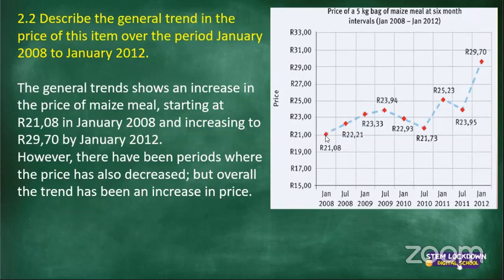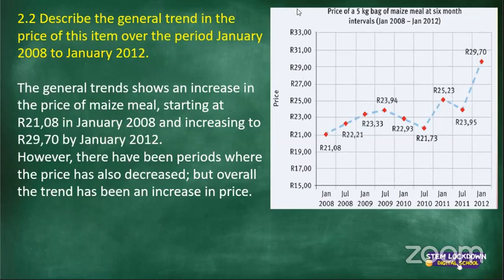It's 21 rand 8 cents, and then at the end, it's 29 rand 70. So the general trend is that this has increased, even though between the years of 2009, 10, 11, the prices kept on decreasing at certain times. But the overall trend is that in January 2008, you started off at 21 rand 8 cents. And when you ended up in Jan 2012, you were at 29 rand 70. That's why the general trend shows an increase, even though during the periods, it kept on decreasing.